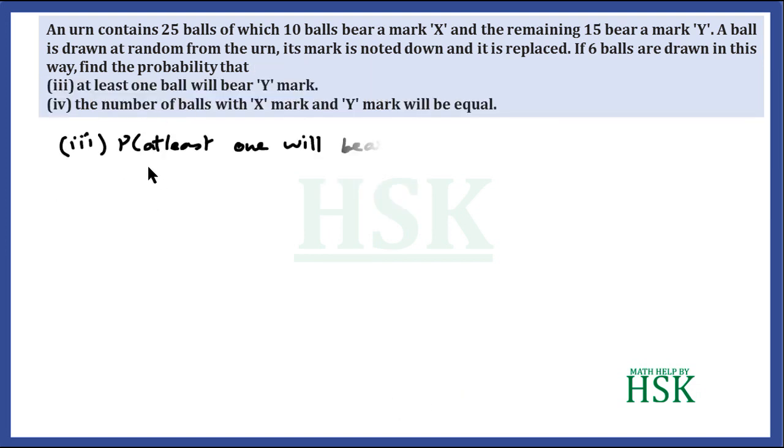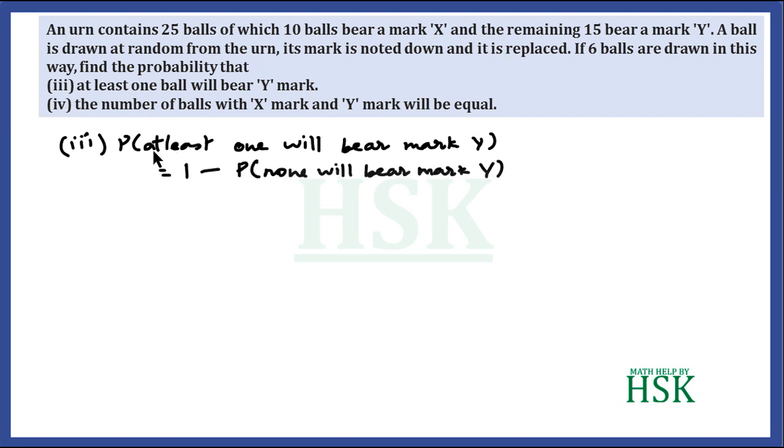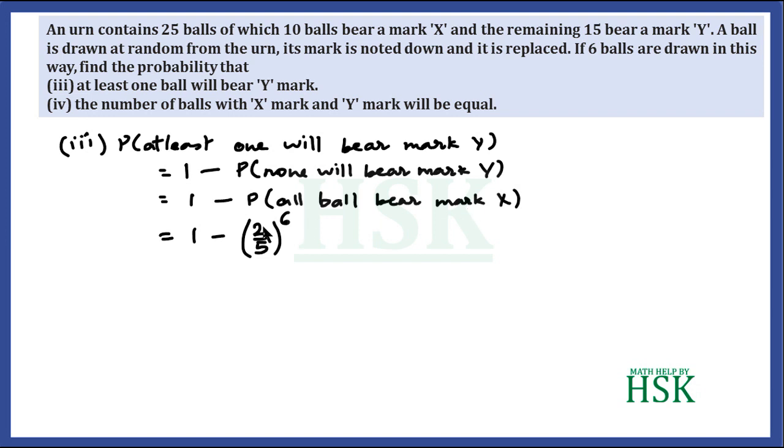In the third part, we have to find the probability that at least one will bear mark Y. This will be the same as 1 minus the probability that none will bear mark Y. Whenever we have to calculate at least one, we use its complementary event, that is 1 minus the probability that none will bear mark Y. And the probability that none will bear mark Y would be the same as the probability that all will bear mark X, which we have calculated as (2/5) to the power of 6.